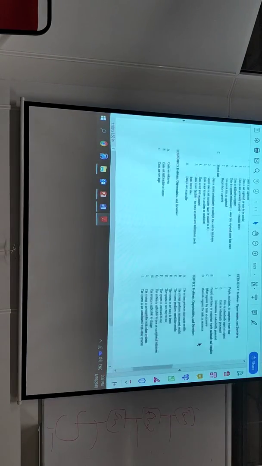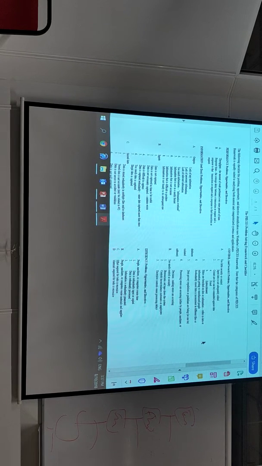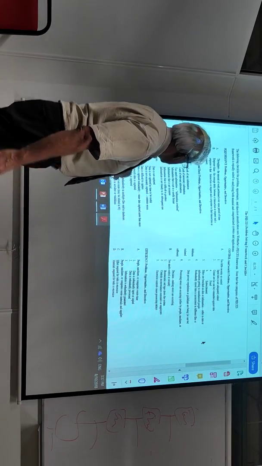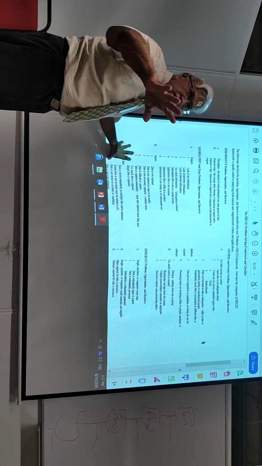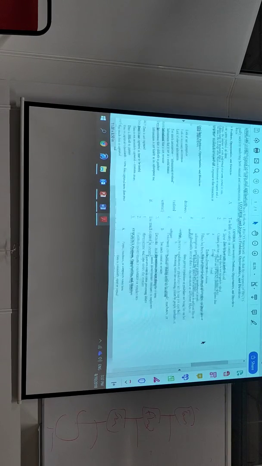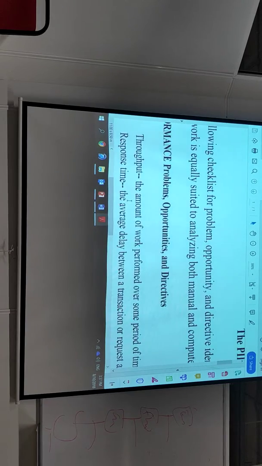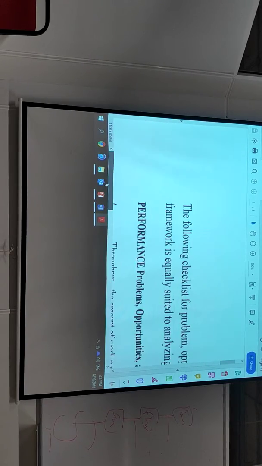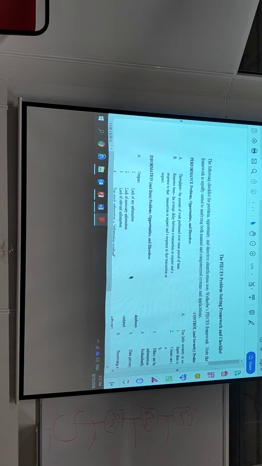Guys, listen here. This whole thing is called the pieces framework. Under P, performance, information, input, all your problems, as you can read on the top there. Pay attention.